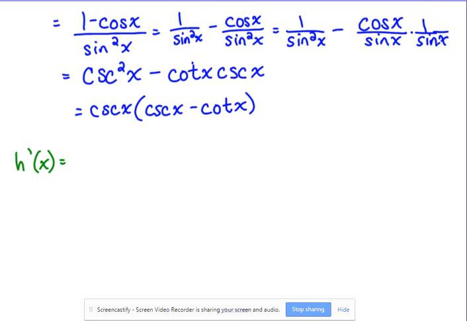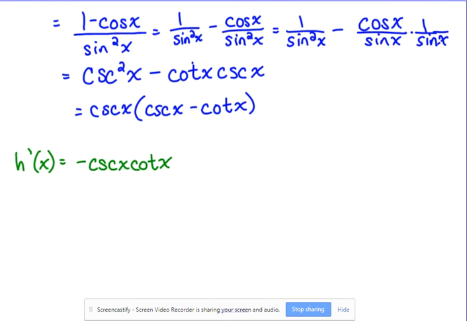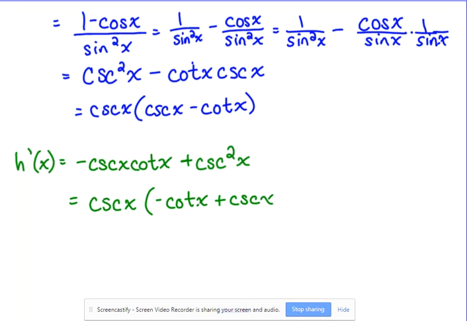So the derivative of cosecant, all our co's are negative, so that's negative cosecant x cotangent x minus the derivative of cotangent. The derivative of cotangent is all the co's are negative, so that makes it a plus, and it's cosecant squared. All right, so we can factor cosecant x out of this, so we get negative cotangent of x plus cosecant of x. Is that not the same thing as right here? I've just got it in a little different order there.